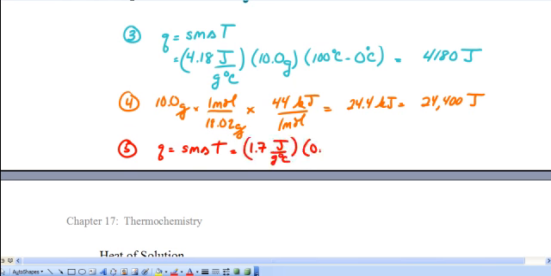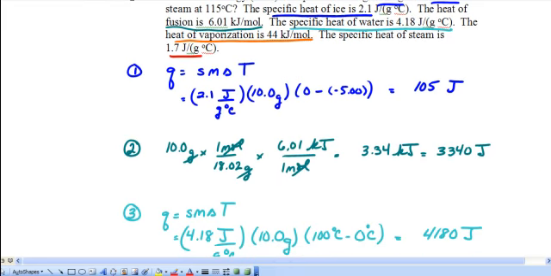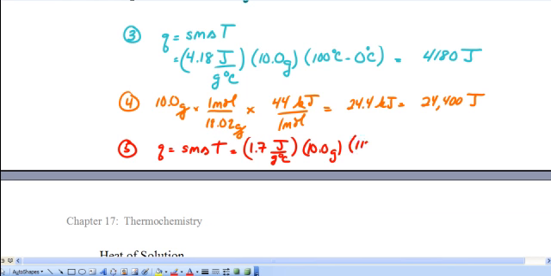The mass is still 10 grams. The temperature change, well, we want to go up to 115 degrees Celsius. We're currently at 100. So it's going to be 115 minus 100. And so if we take 1.7 times 10 times 15, we get 255 joules.